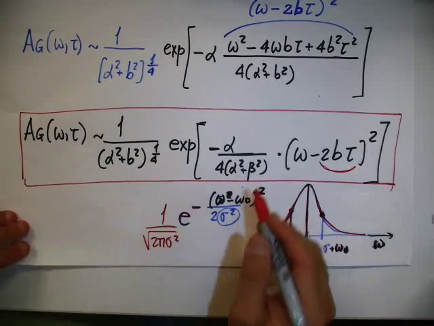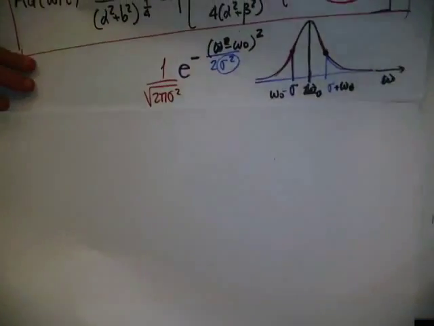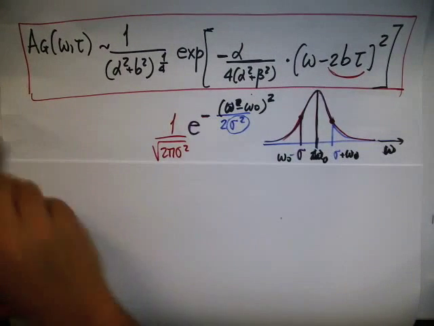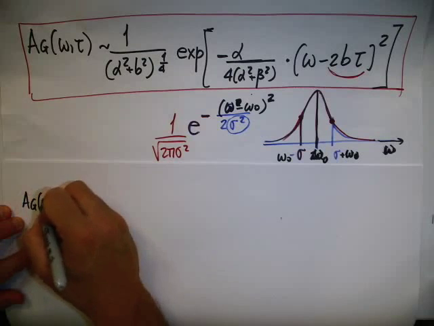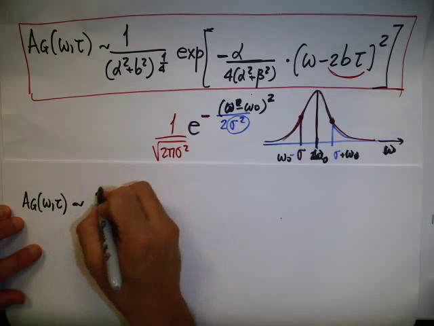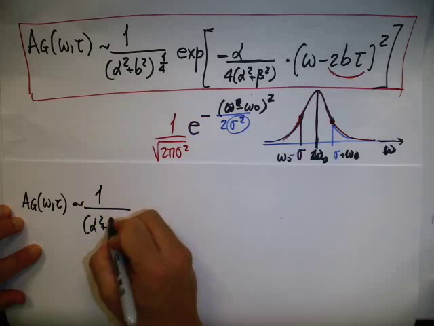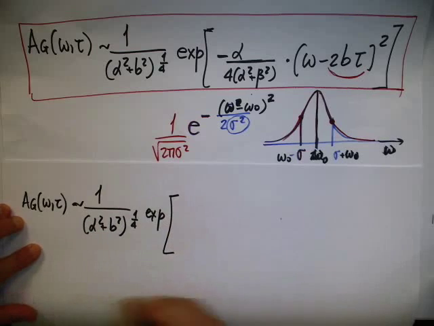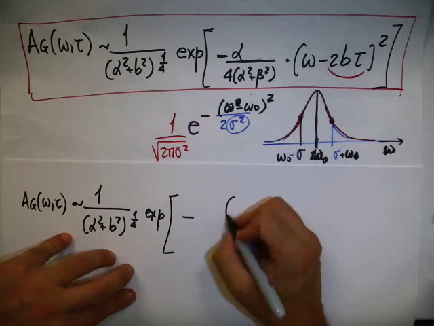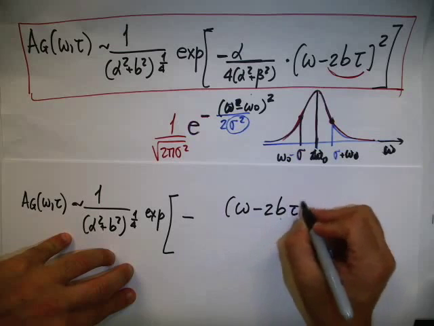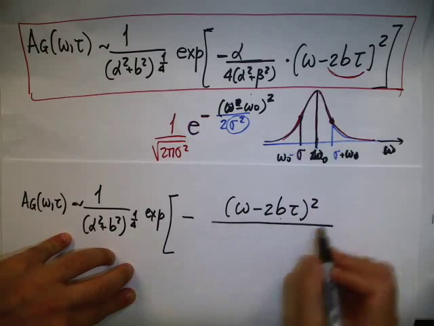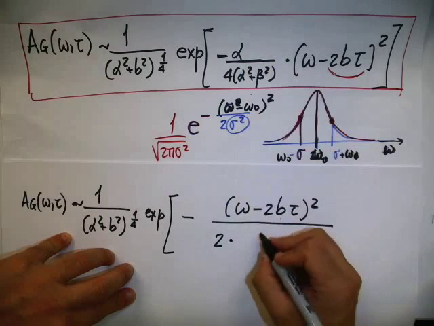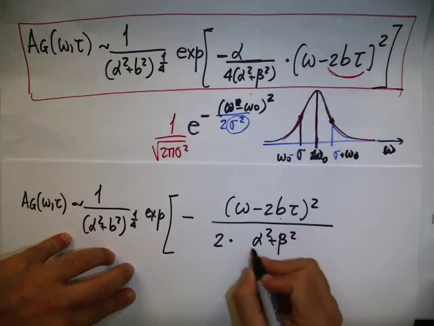So it's easy to realize that I can rewrite this exponential as: the Gabor transform magnitude of omega and tau is going to be proportional to alpha squared plus beta squared to the power of a quarter, times the exponential of minus omega minus 2 beta tau squared, divided by, I borrow a 2 from this 4, and then I can rewrite this term as alpha squared plus beta squared divided by alpha.